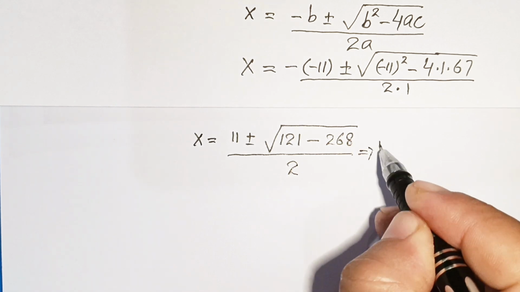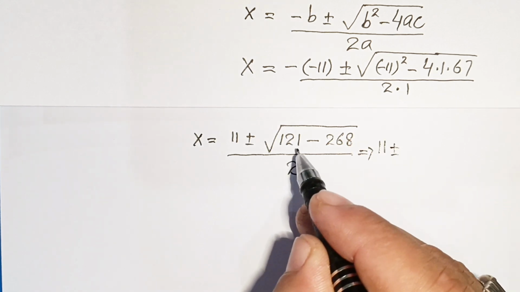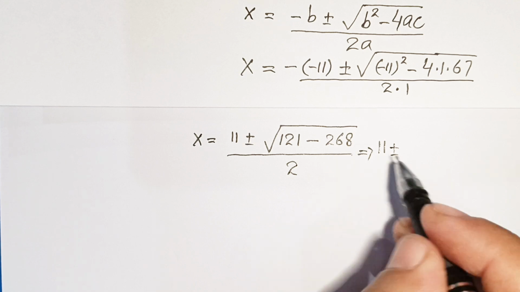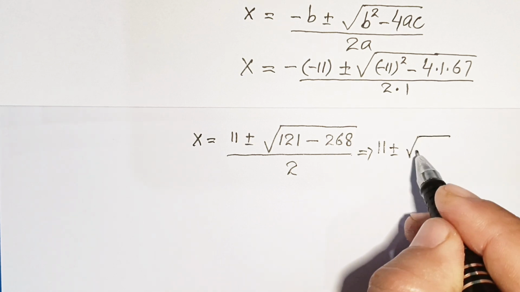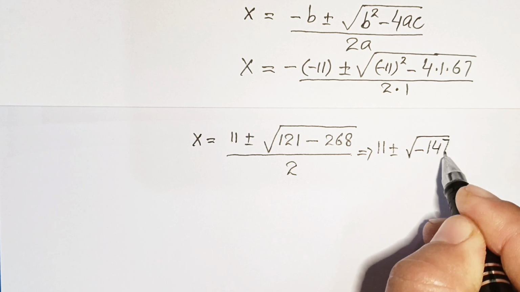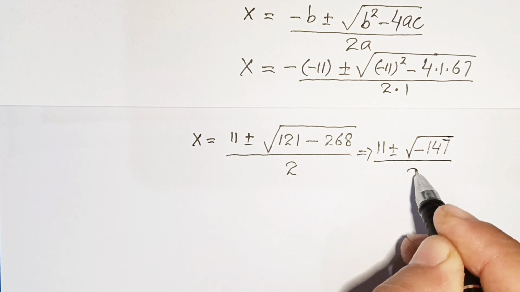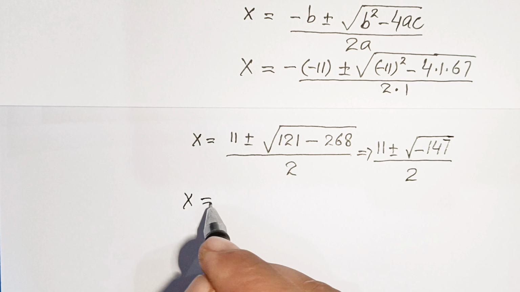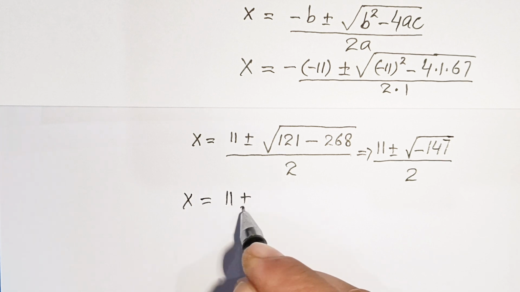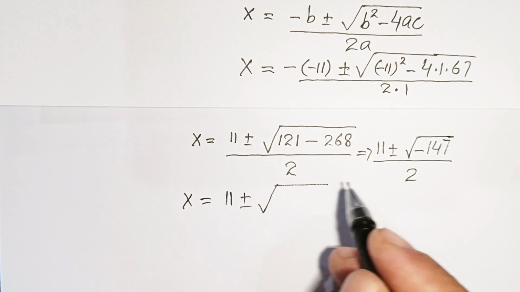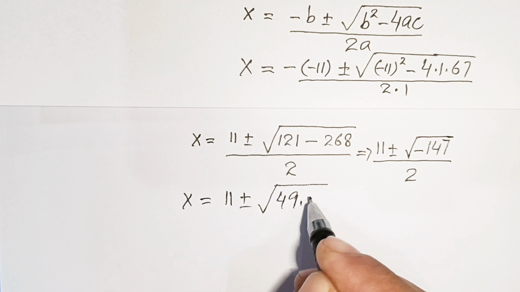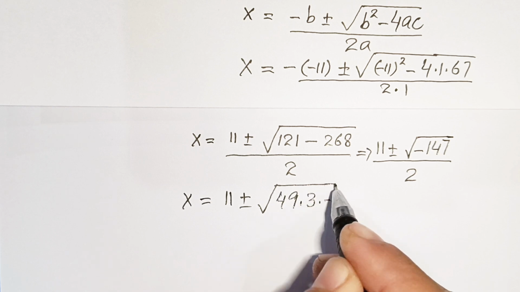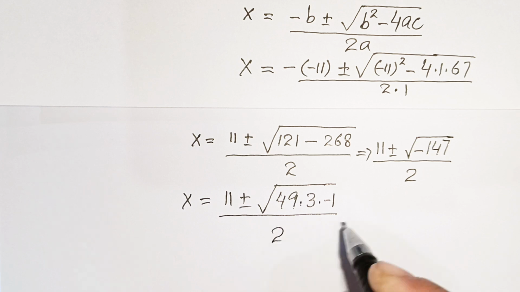Here our next step is 11 plus minus square root of 121 minus 268, we get minus 147, all over 2. This 147 can be written as 11 plus minus square root of 49 times 3 times minus 1, all over 2.